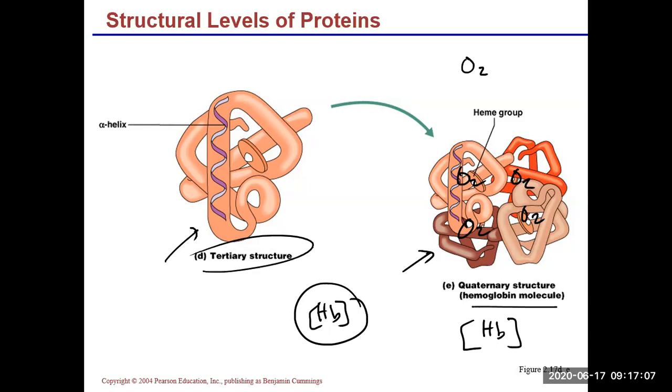It is extremely important to have the correct structure. If you do not have the correct structure, they may not be able to do their job. Like earlier, the sickle cell anemia that we discussed, the cells are sickle-shaped, so they cannot efficiently transport.